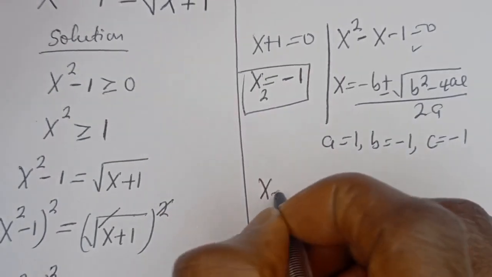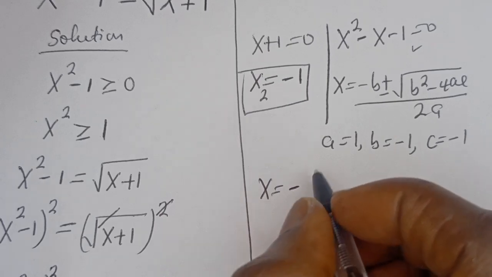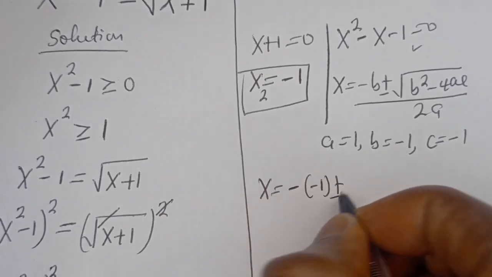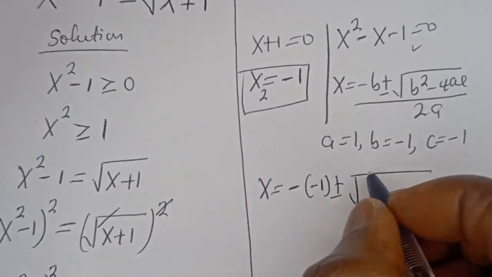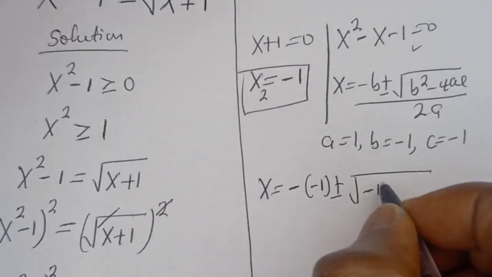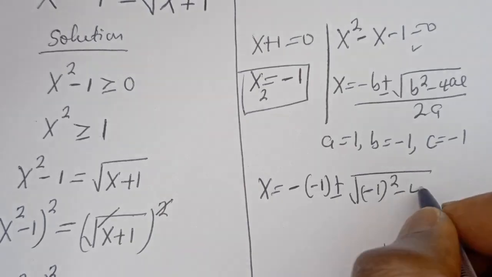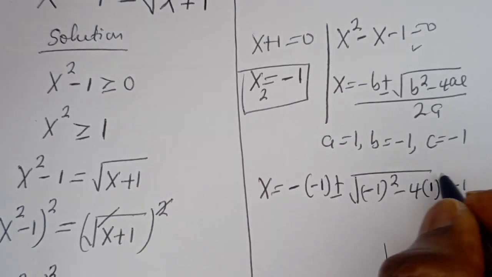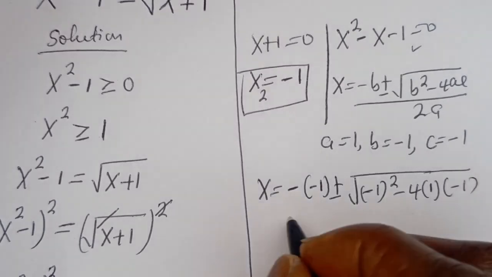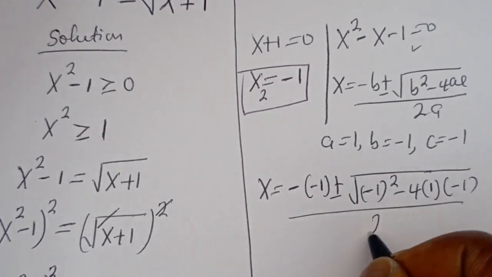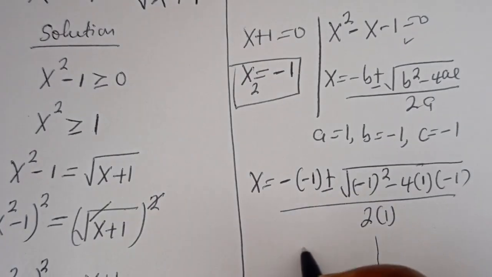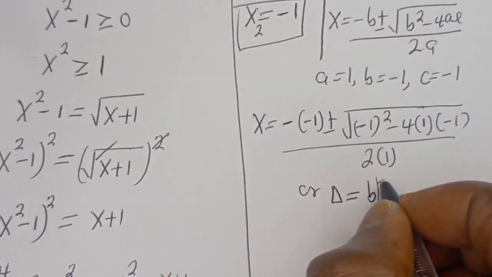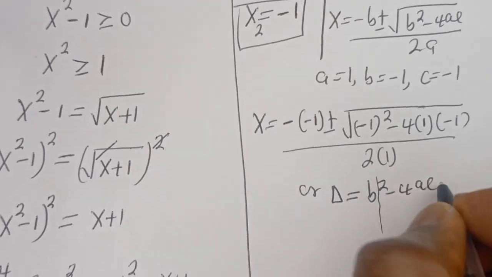Now s is equal to minus bracket minus 1 plus or minus square root of minus 1 squared minus 4 multiplied by 1 multiplied by minus 1, over 2 multiplied by 1, or discriminant D is equal to b squared minus 4ac.